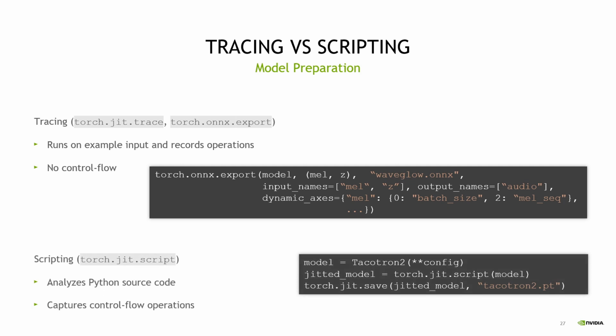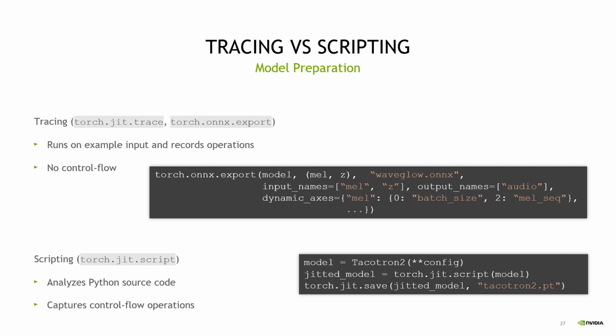To remedy this problem, we can also use scripting, which is only provided by TorchScript. In this case, the Python code is analyzed by Torch, and it will correctly capture all the Python constructs such as for loops or if conditions. Depending on the model structure we have, we might just use the ONNX export, which is the go-to approach.